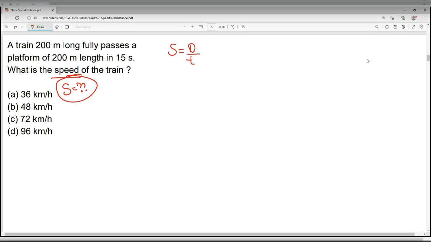In this case, let this be the platform, and this length is 200 meters. And the train is about to pass. Let this be the train, and this is also 200 meters.